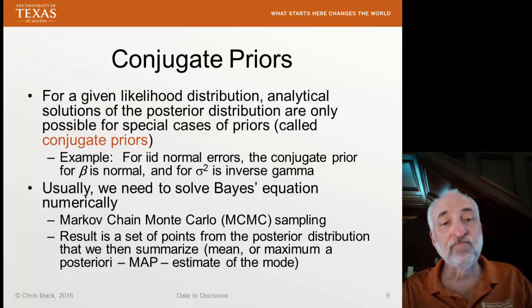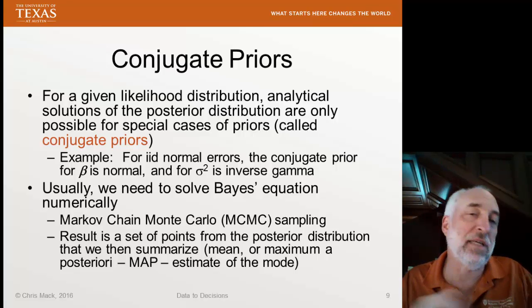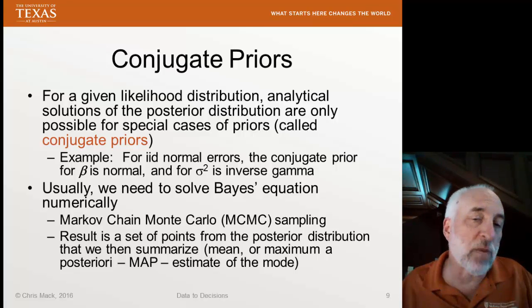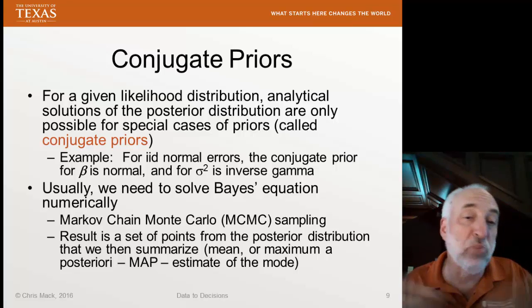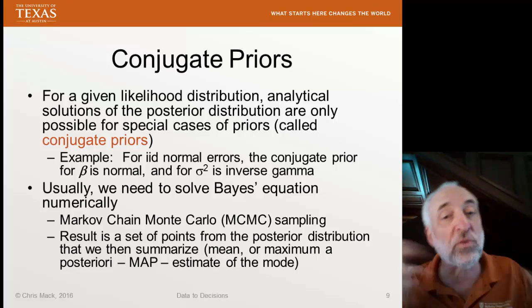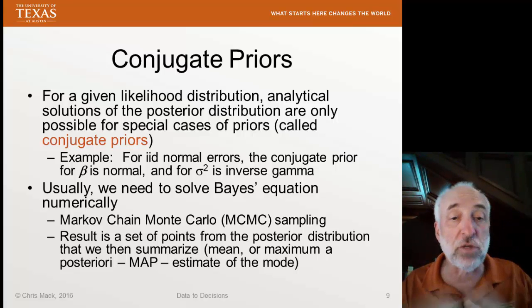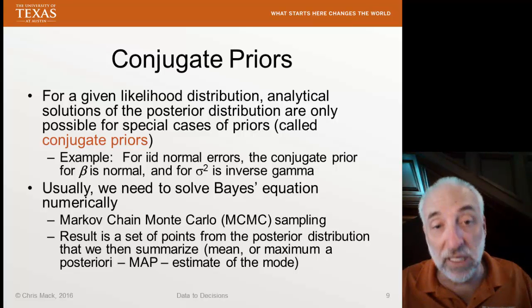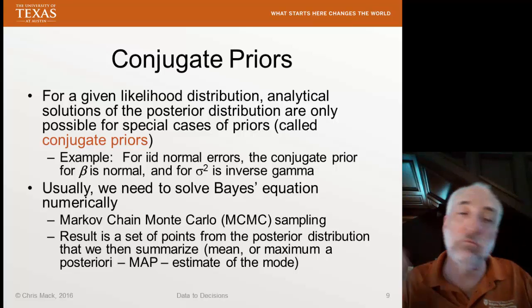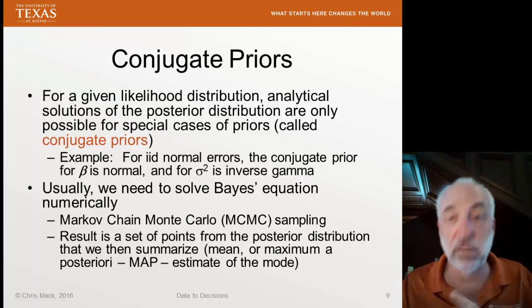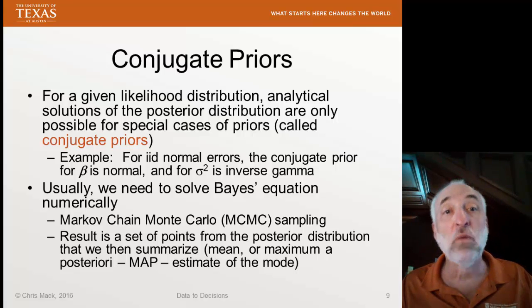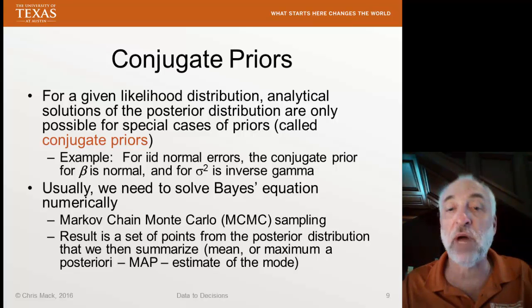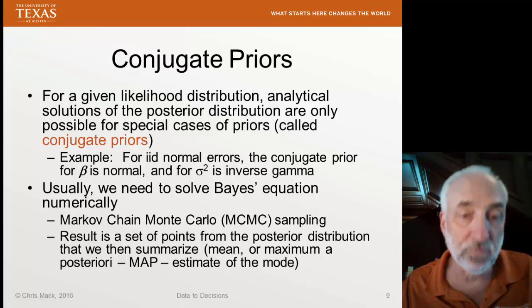We take our prior distribution and randomly pull values of the parameters out of these distributions, then calculate the value of the probability in the posterior. Do that 10,000 times, 100,000 times, something like that. We get a set of points that we can then summarize as our posterior distribution.